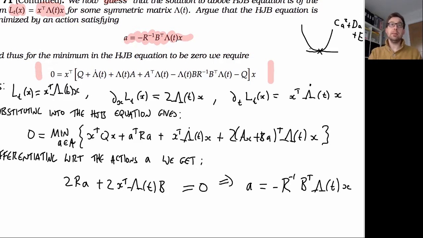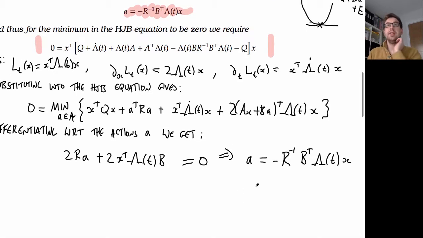But we need the minimum to be equal to 0. So we need to substitute this back in and then add the condition that this is going to need to be 0. Substituting this back into this expression, we're going to need this with the a substituted in from here to be equal to 0.